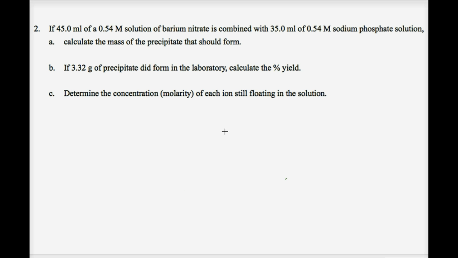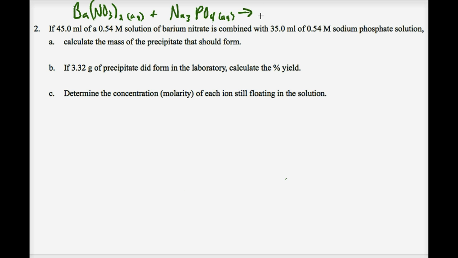Just to write our reaction out up top, we have our barium nitrate, which is Ba(NO3)2, and it's a solution, so it's aqueous. We're adding to that sodium phosphate, Na3PO4, and since it's a solution, it's aqueous. They're going to react and form a precipitate.